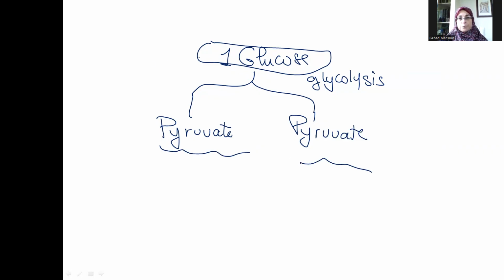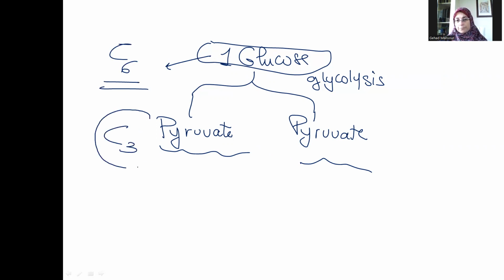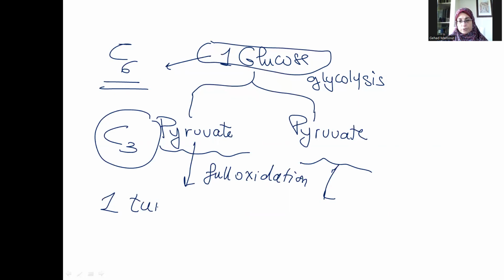Why did we say it before? Because glucose is a hexose, whereas a pyruvate is a triose, or a compound that is formed of 3 carbon atoms. So in order for pyruvate to undergo full oxidation, it needs one turn of Krebs cycle. So here we need one turn of Krebs cycle, and here we need another turn of Krebs cycle.